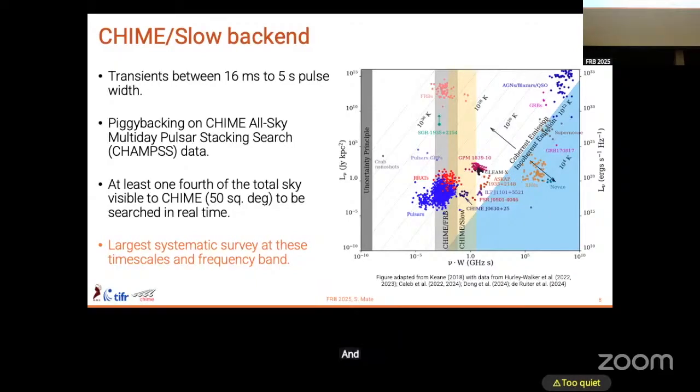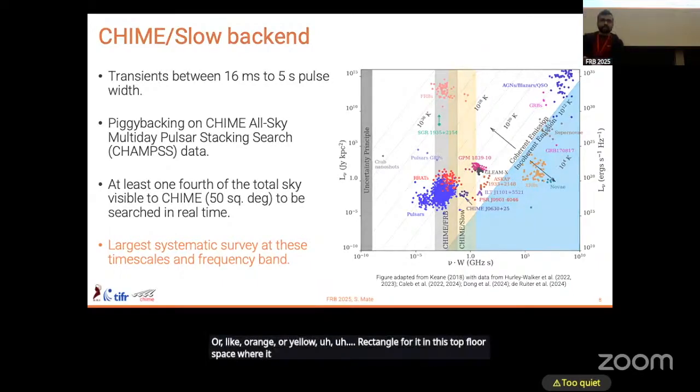And this will be the largest systematic survey when we are fully online, roughly following the part here in the yellow rectangle in this space diagram.